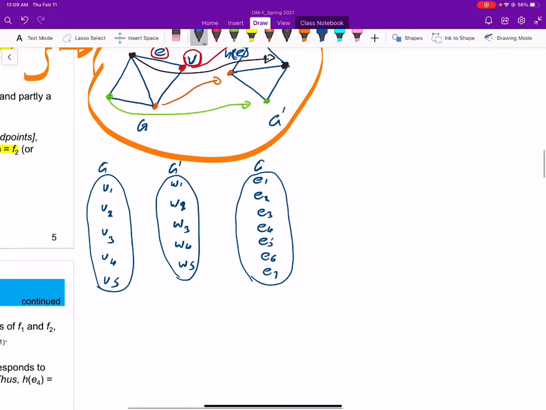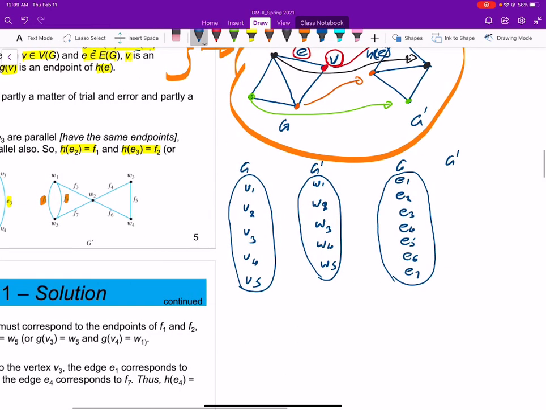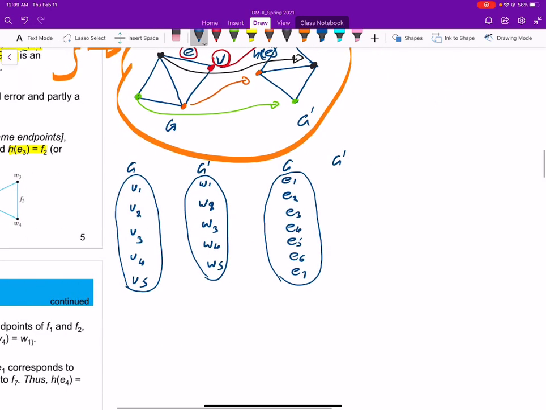In G prime, the edges are F1 up to F6... F1, F2, F3, F4, F5, F6, F7.